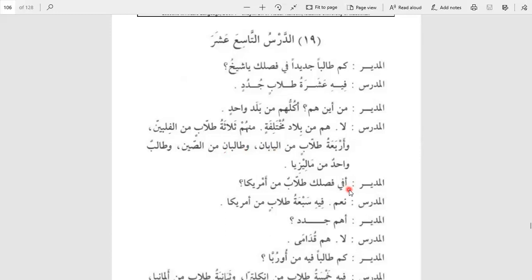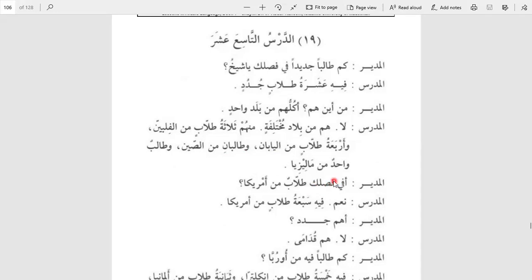Remember when a sentence starts with the jarun, we always say it is khabarun muqaddam. Like in this case, fi faslika, in your class. This is jarun wa majrurun, huwa mudaf, and mudaf ilayh, because faslika is attached to kaf, which is mudaf ilayh.